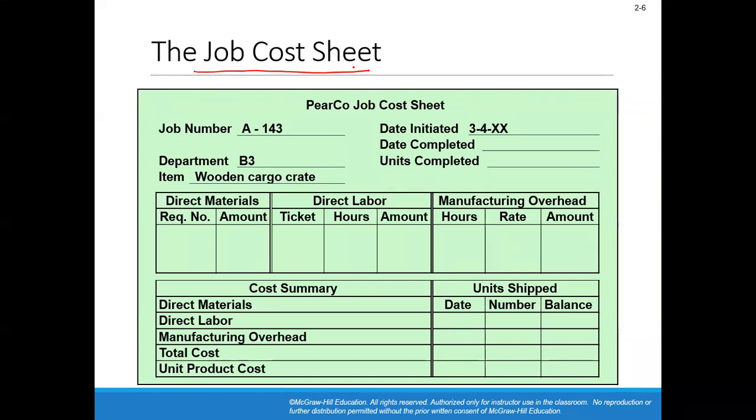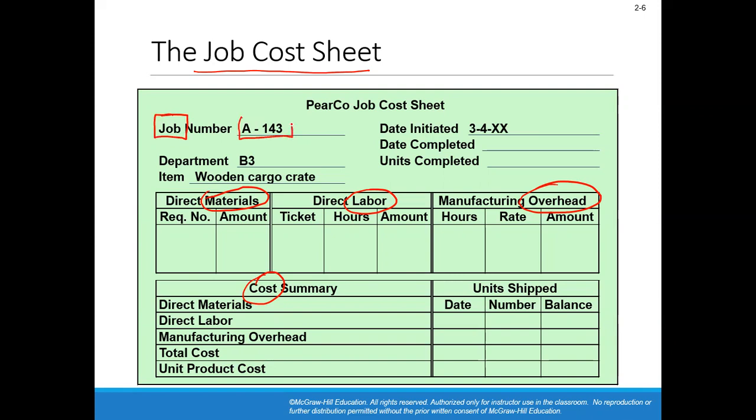By its name, what it implies is that it records the materials, it records the labor, it records the overhead, and it records the units required for direct materials, the units of direct labor required, units of manufacturing overhead required, and their cost, which can be charged to a particular job.